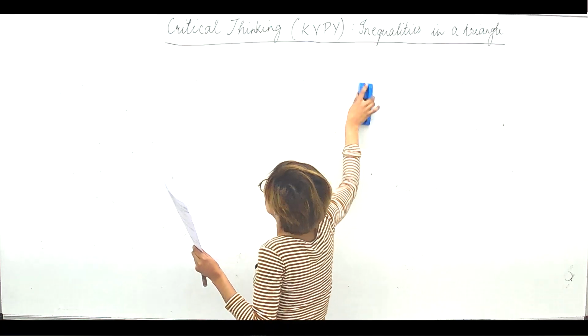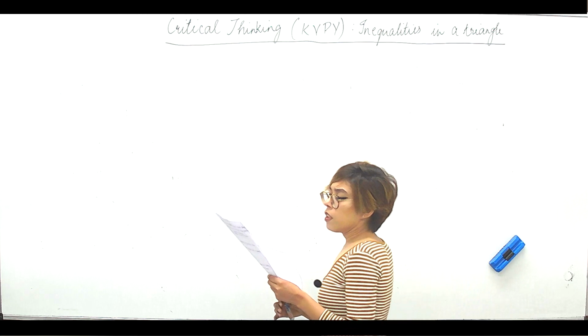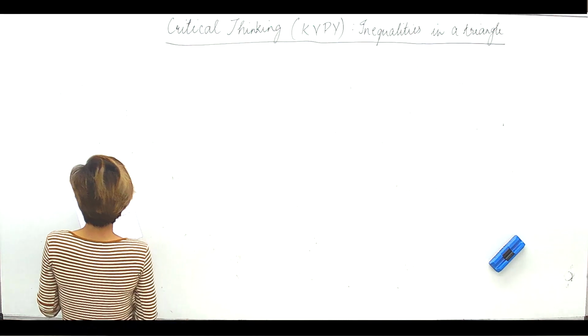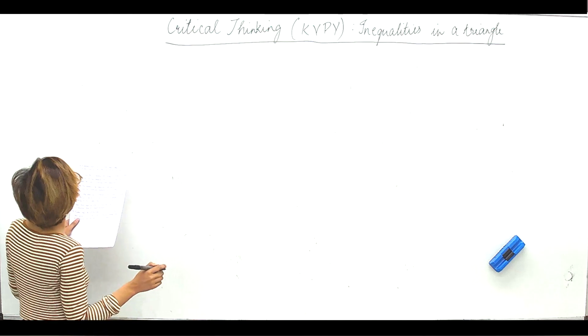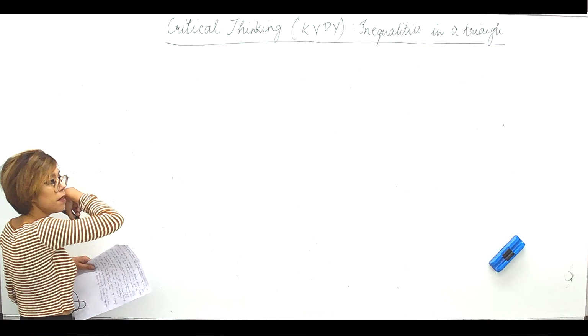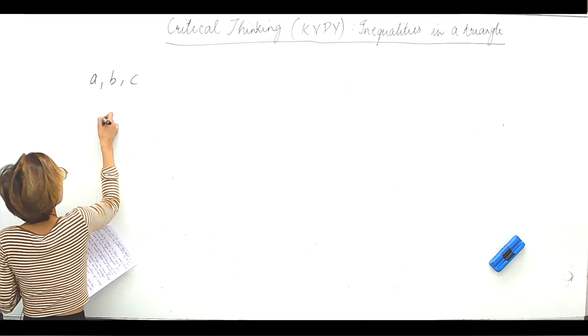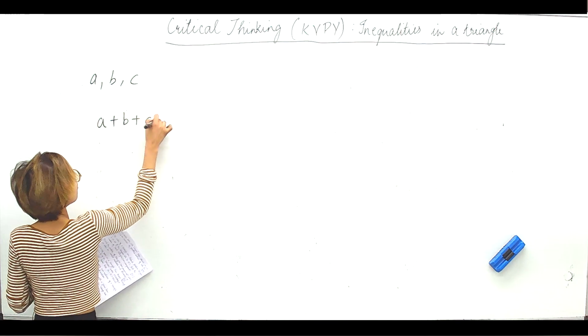Hurry up. Find the number of triangles with all sides as natural numbers and perimeter 15. So let me take the sides to be A, B, and C. And I know that perimeter is 15.